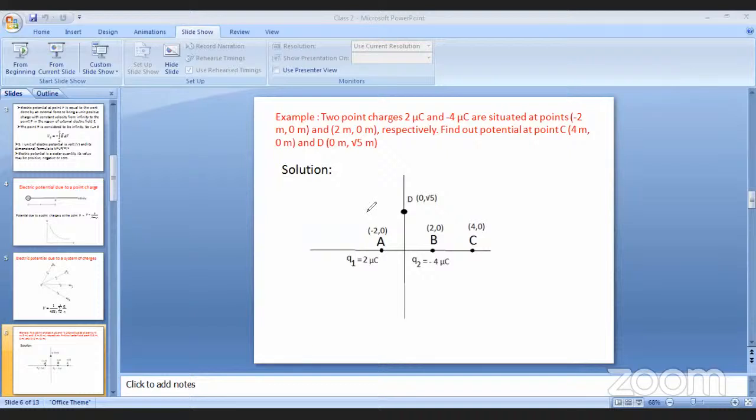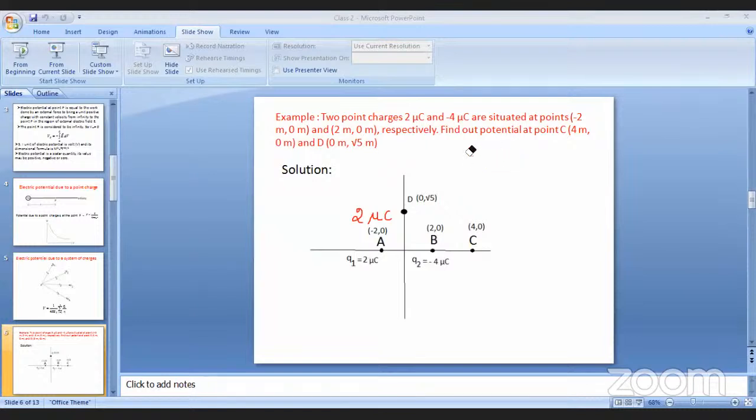So here you have 2 microcoulomb. At this point D, you have to find the electric potential due to the charge at the point A. I can straight away apply all the values.